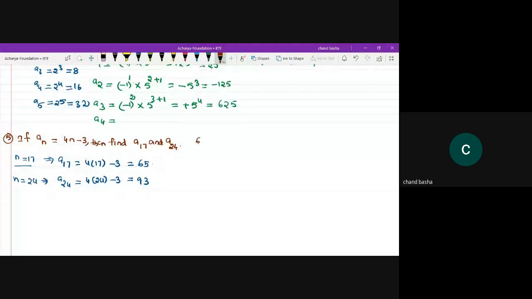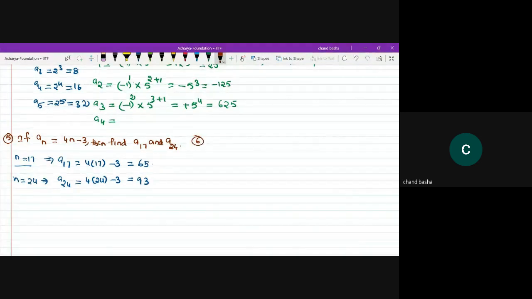Now the next question, number 6, guys. an will be given to you as n square divided by 2 power n. Then find a7. Seventh problem: an will be given as (-1) whole power n minus 1 into n cube, find a9.